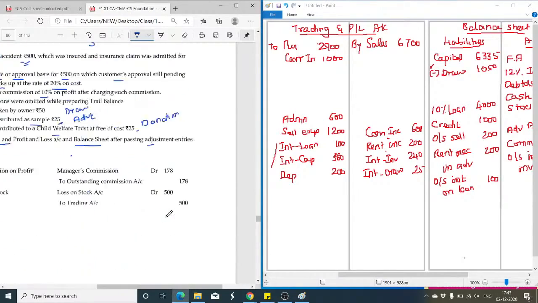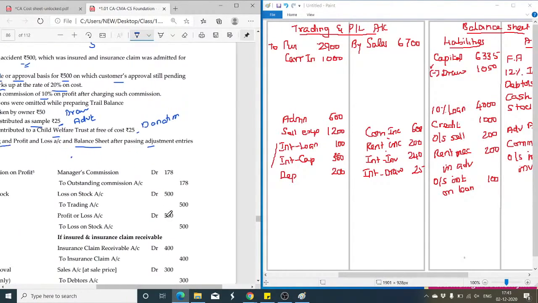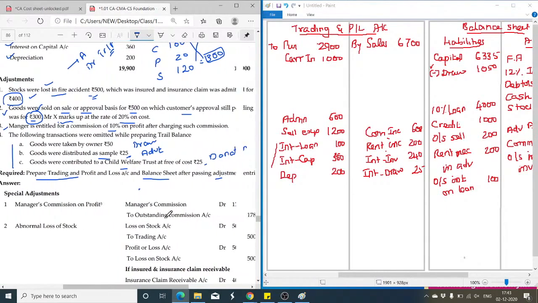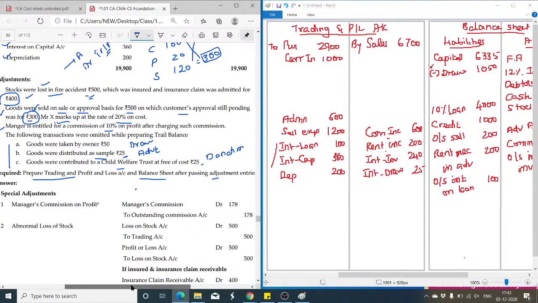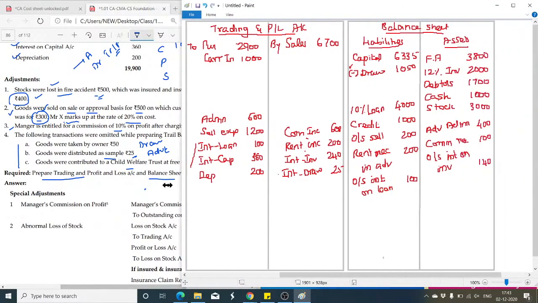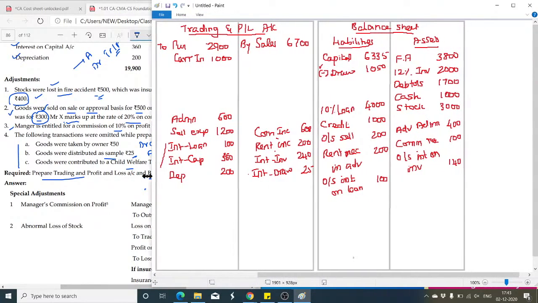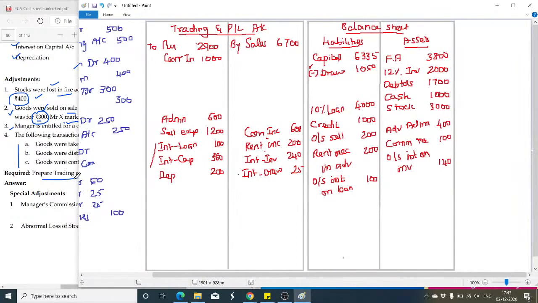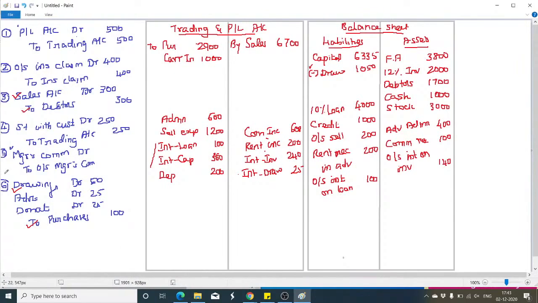Now adjustments were already, entries were passed. Now I have to incorporate those things only. Already these entries were passed. I'm going to incorporate. So now see here.